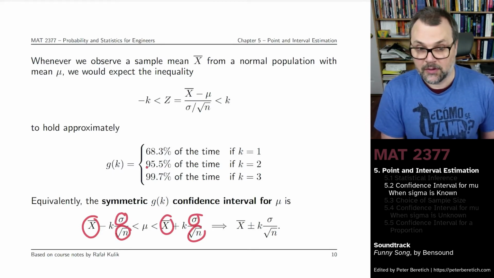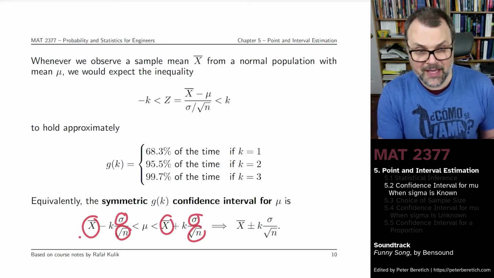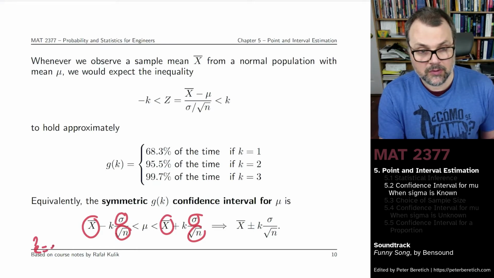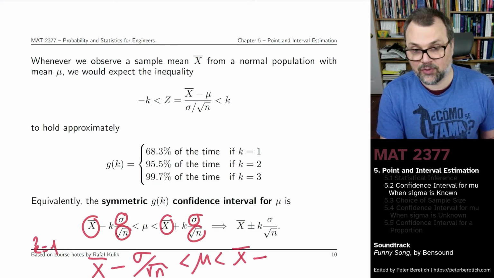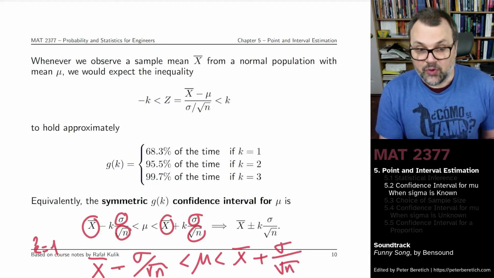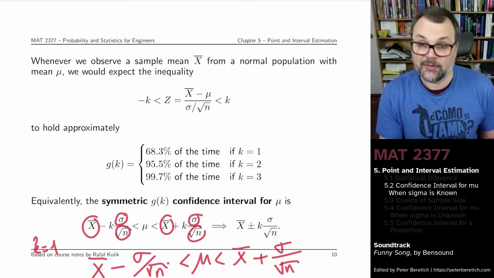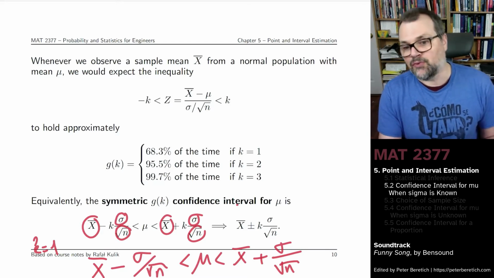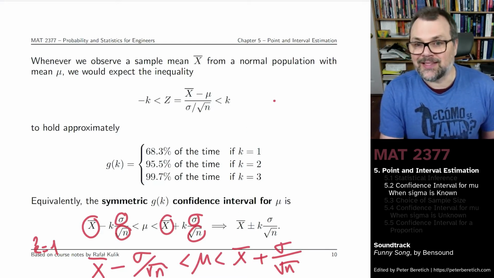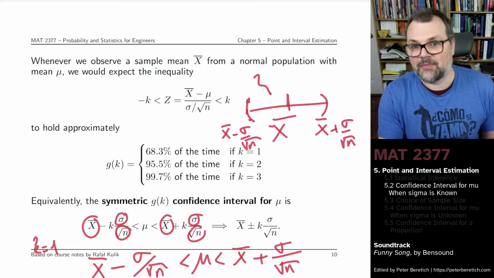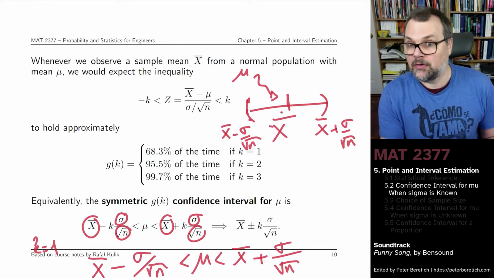So let's say we pick k equals 1, then whatever value we've computed here for the sample mean, if we subtract the standard deviation sigma divided by the square root of the sample size, and if we add it, we get a sandwich, and we have some confidence level that the true mu is somewhere in there, in that interval.